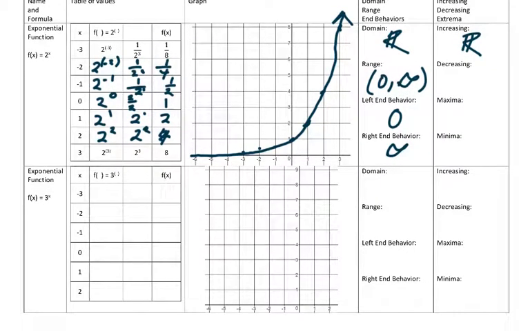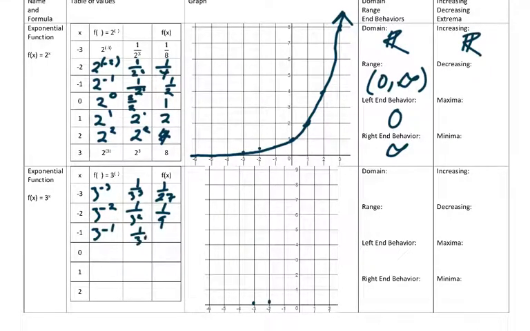I'll look at the 3 to the x, and you'll see that it's very, very similar. So I've got 3 to the negative 3. That's going to be 1 over 3 cubed. That's going to be 1 over 27. So that's going to be like maybe right there. I have 3 to the negative 2. That's 1 over 3 squared, which is 1 over 9. 3 to the negative 1.